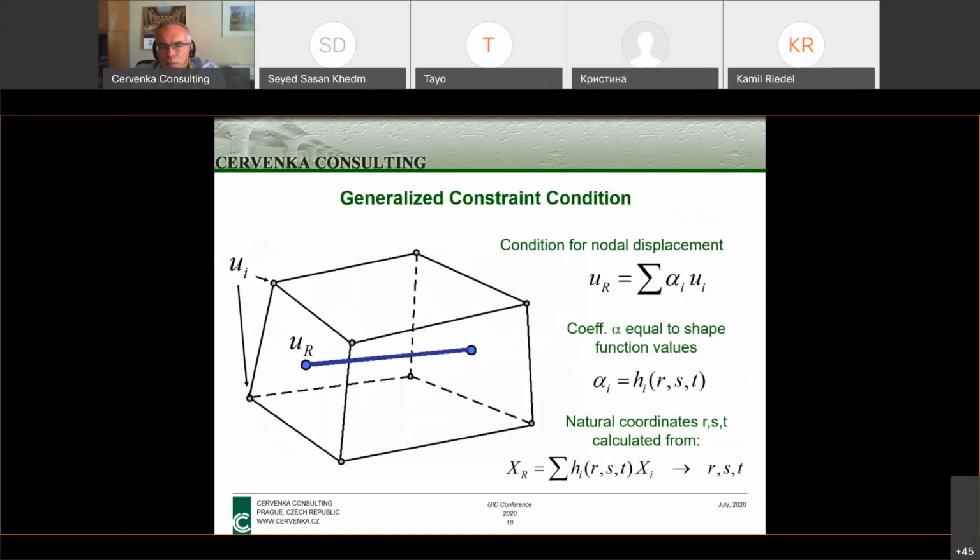And another important thing is that this kinematic constraint basically defines a perfect connection. And we know that in reinforced concrete, this connection between concrete and reinforcement is not perfect. There may be some bond failure. So, of course, if we have a sufficiently fine mesh, this bond failure can be simulated by the cracking of surrounding elements.